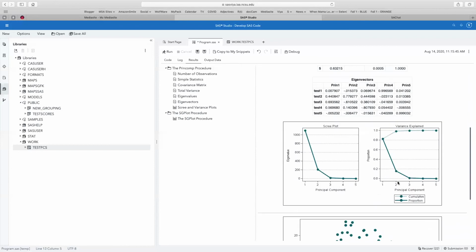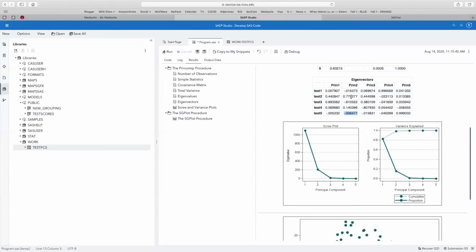And coming down here, now I see Prin 1 is very much so a weighted sum of the middle 3 tests, because the test 1 and test 5 coefficients go down to something much closer to 0. And in the second principal component, test 1 and test 5 stay near 0, because those are not dominant directions of information.